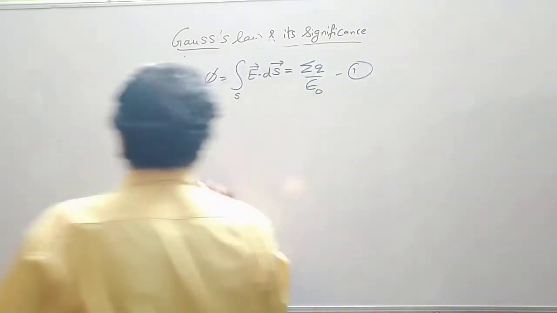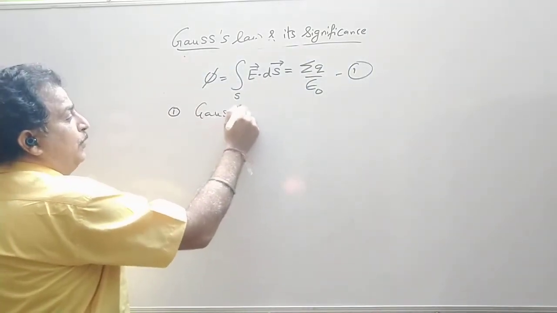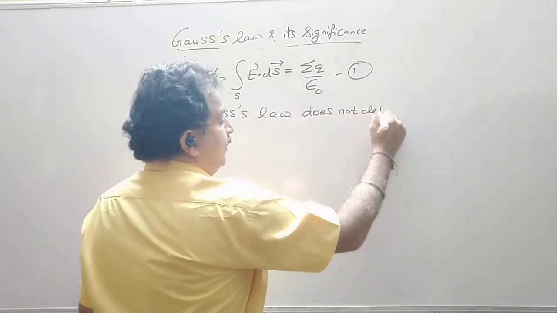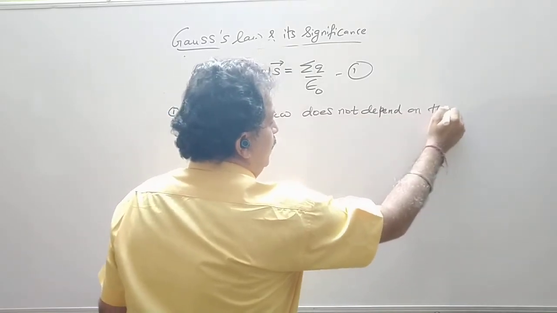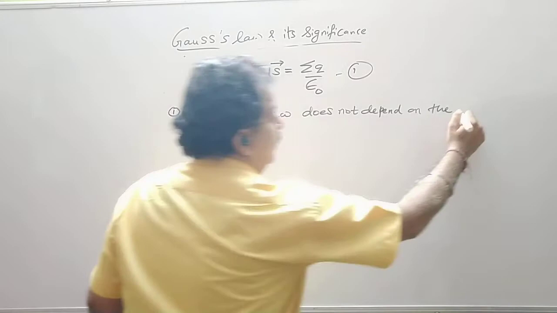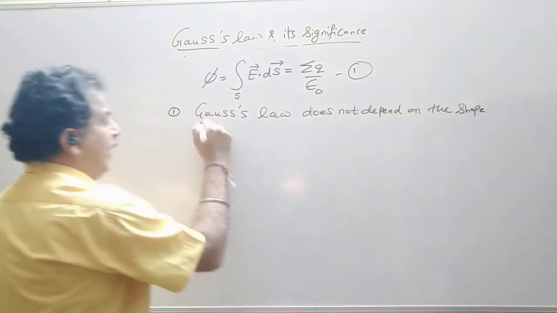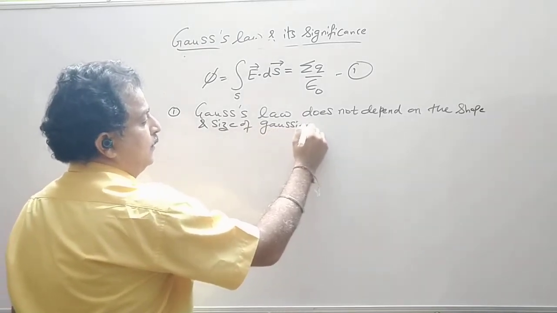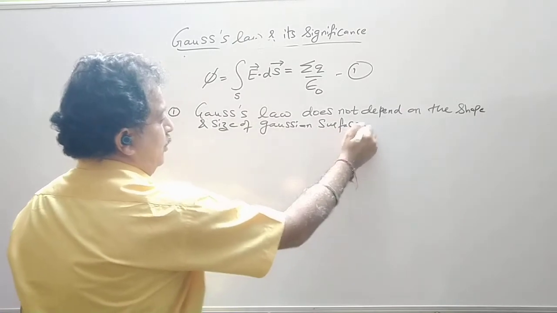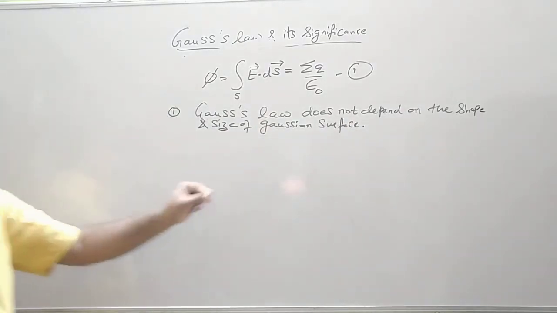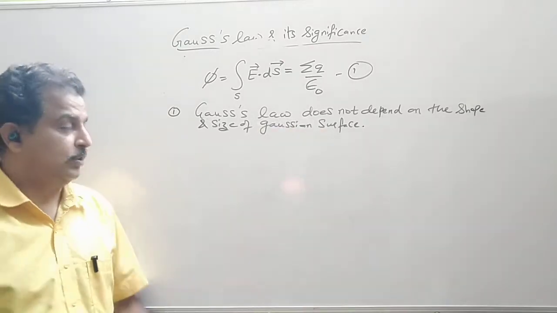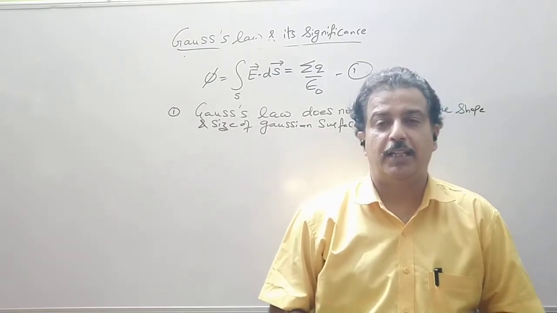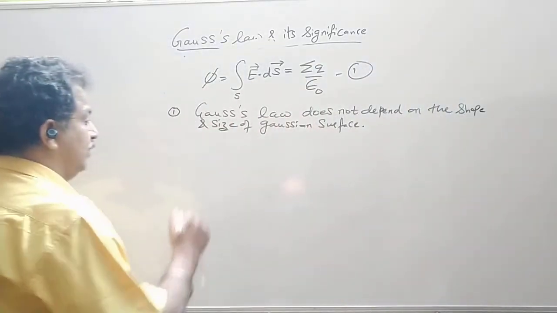So the first point is Gauss law does not depend on the shape and size of the Gaussian surface. When you apply the Gauss law, you have to take an imaginary Gaussian surface. So the Gaussian surface is imaginary, and we try to take this surface in such a way that the charge should be enclosed inside it.